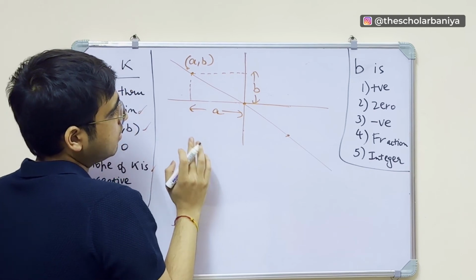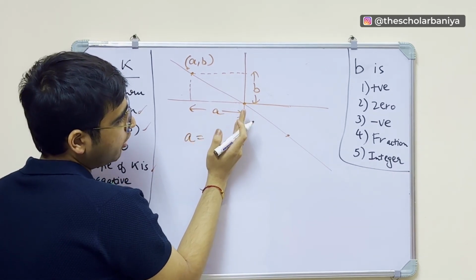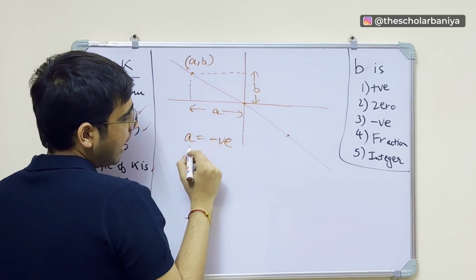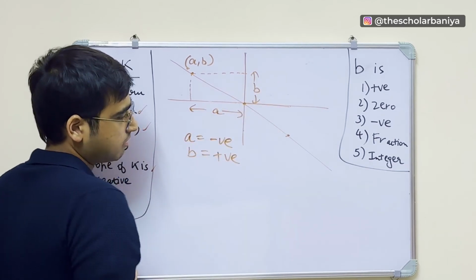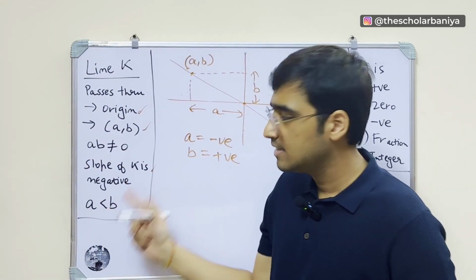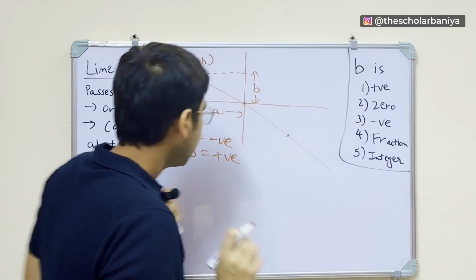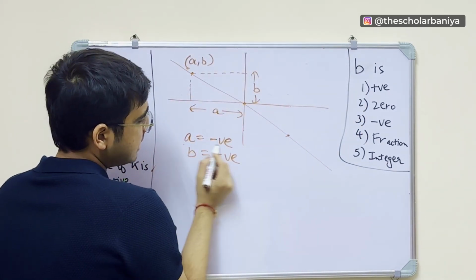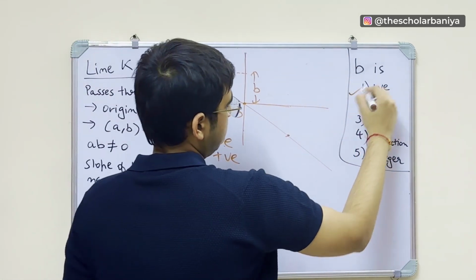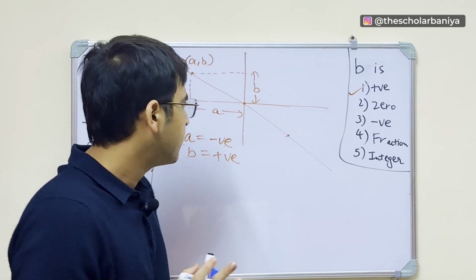So the value of A is negative and the value of B is positive, right? So even this condition is satisfied now, that A is less than B. I hope this should be very, very clear, right? That means A is negative and B is positive. So we were asked what is B? B is positive. So your answer becomes A. I hope this should be very clear, right?